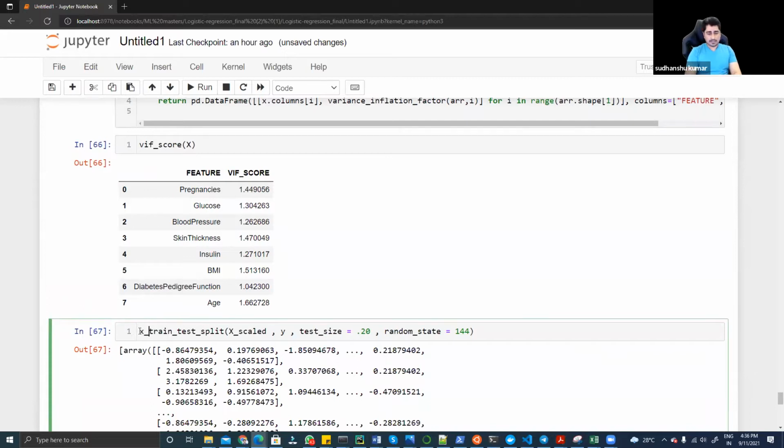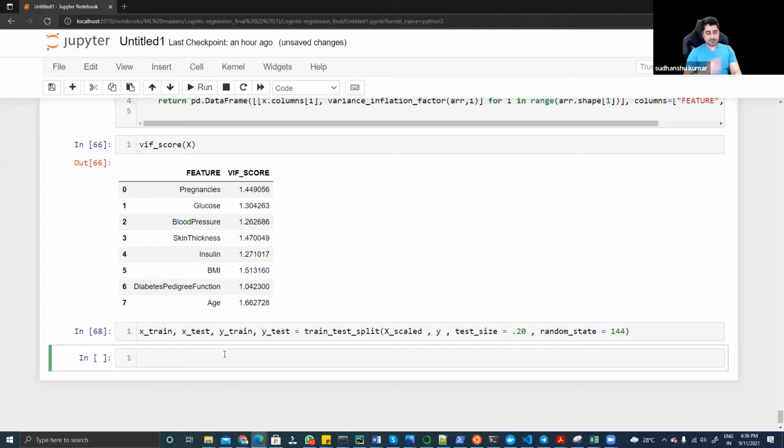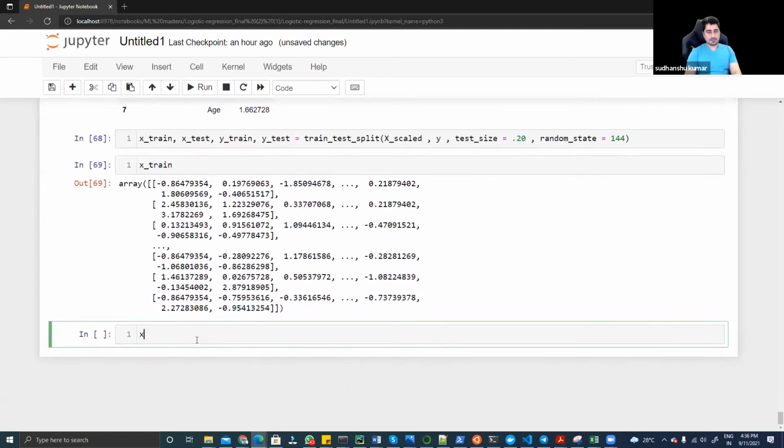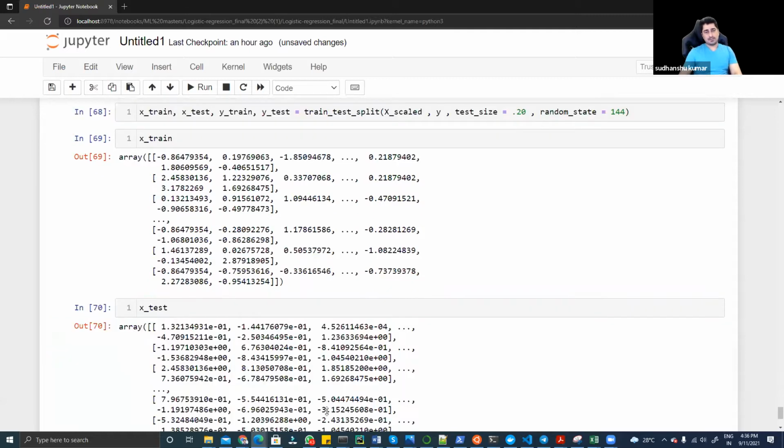So I can keep it inside different variables: X train, X test, Y train, Y test. Okay, so fine. These are the data distribution.